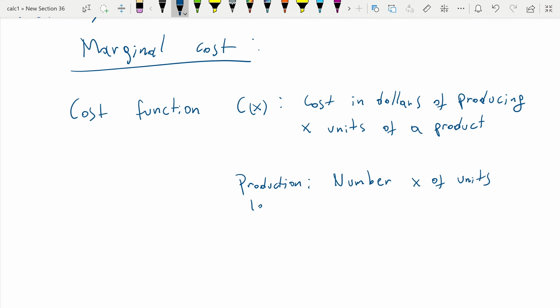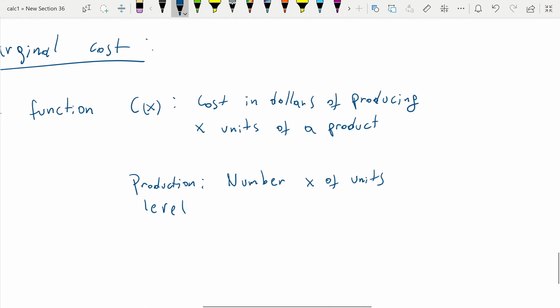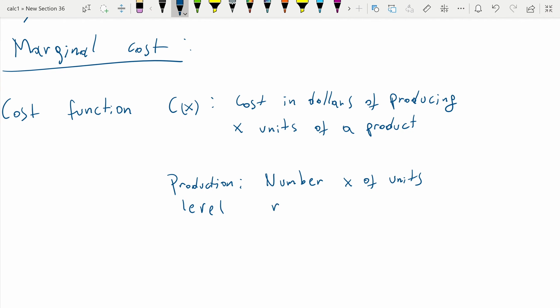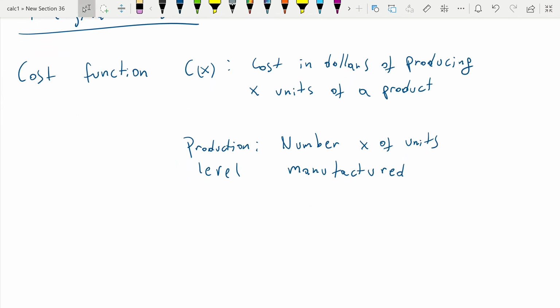The production level is the number x of units manufactured. That's what I said, that the marginal cost is the cost of producing one additional unit at a given production level.